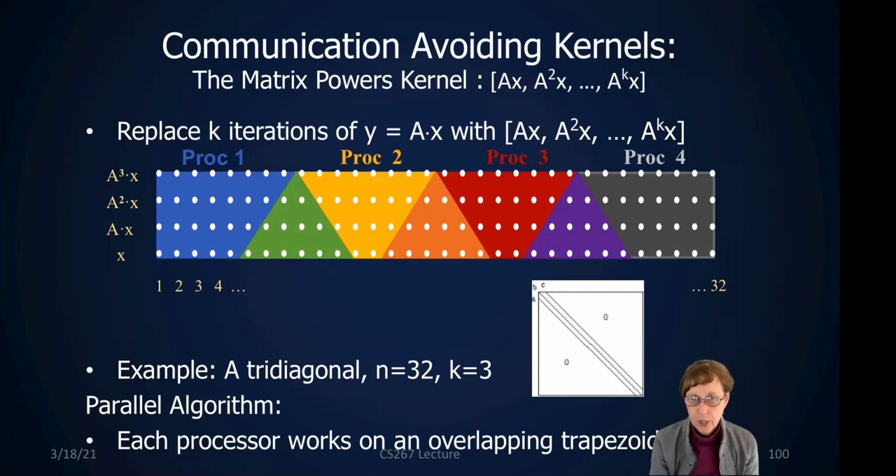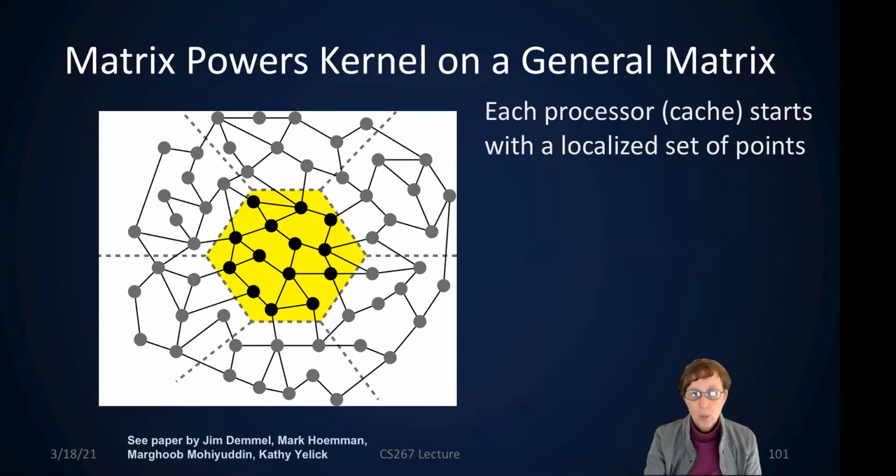So what if we have a general SpMV and a general matrix? How can we do this communication avoiding idea? Well, if a processor owns a piece of the matrix and a piece of the vector, that really means it owns, in the graph form of that sparse matrix, where the edges are the non-zero values in the matrix and the vertices are the vector elements coming in and then being computed on the way out.